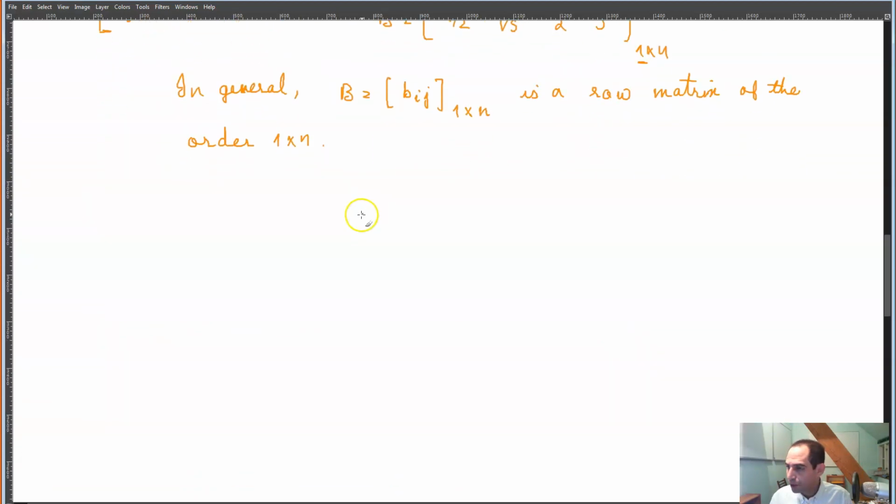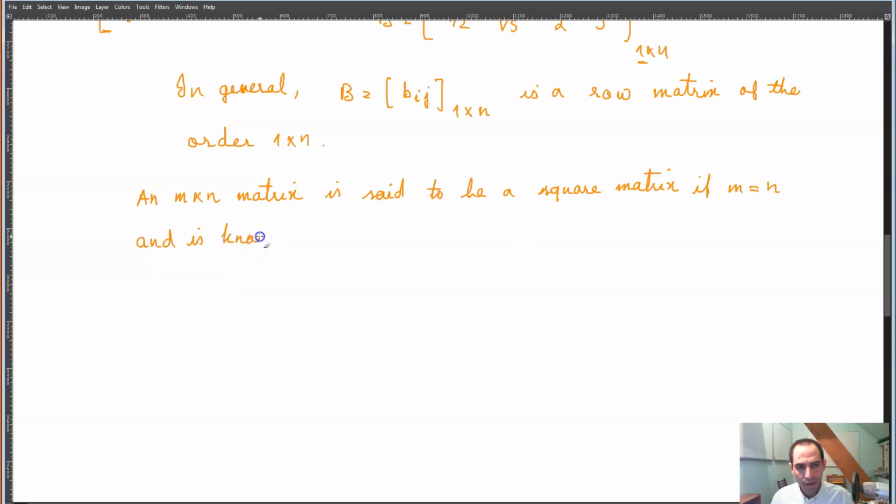So an m by n matrix is said to be a square matrix if m is equal to n, and is known as a square matrix of order n, right?